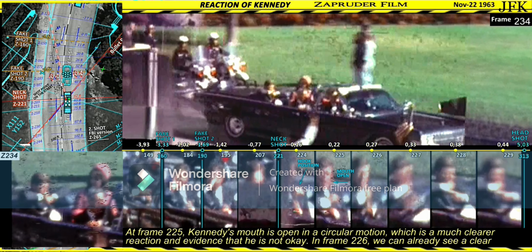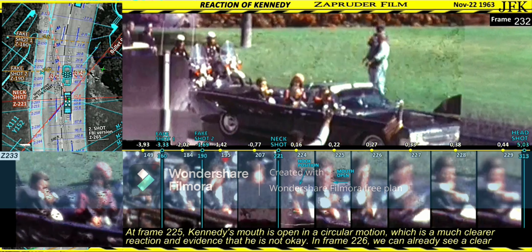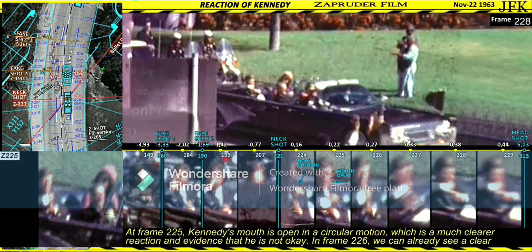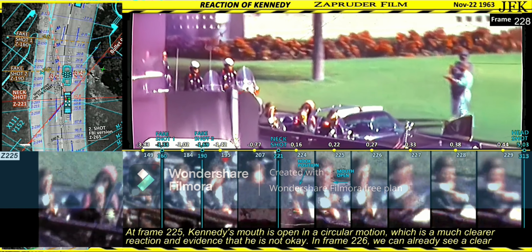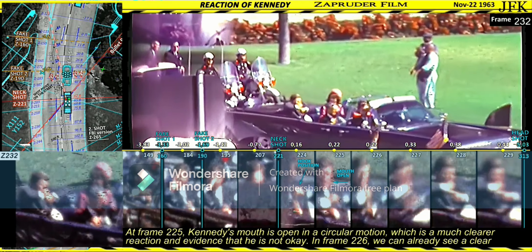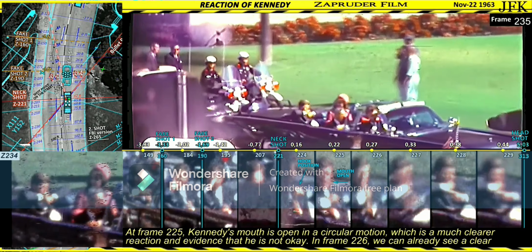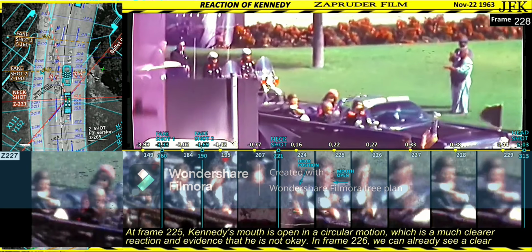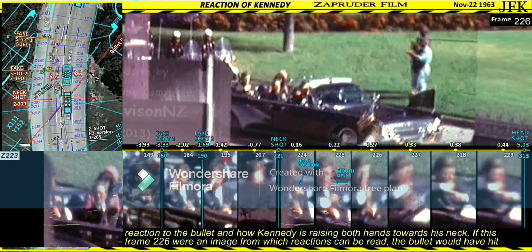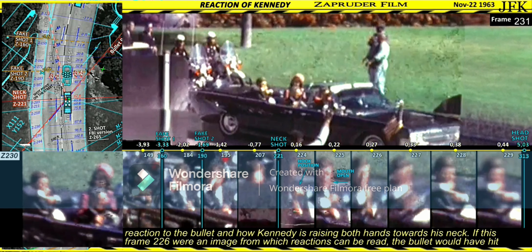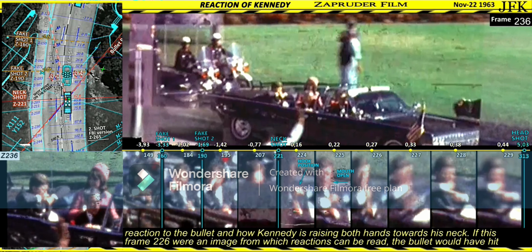At frame 225, Kennedy's mouth is open in a circular motion, which is a much clearer reaction and evidence that he is not okay. In frame 226, we can already see a clear reaction to the bullet, and how Kennedy is raising both hands towards his neck.